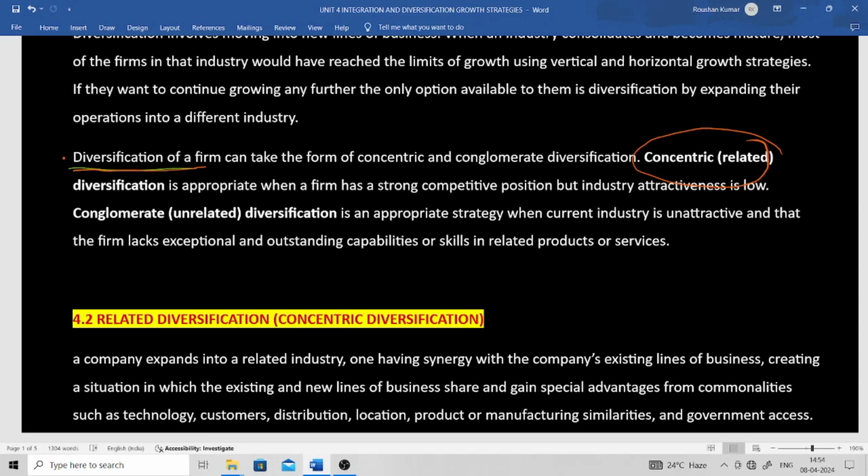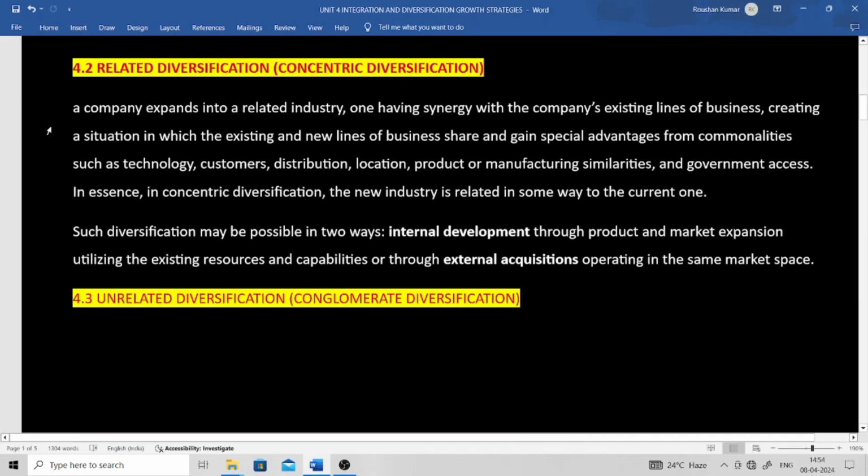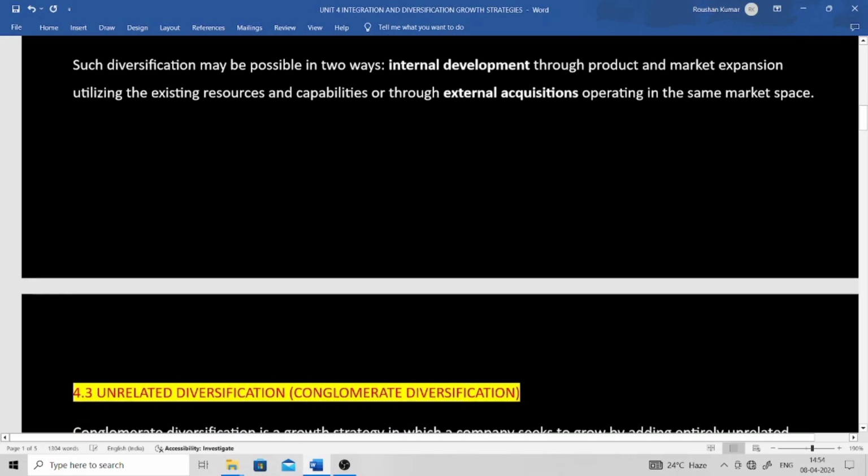So next you have related diversification. What happens in related diversification?